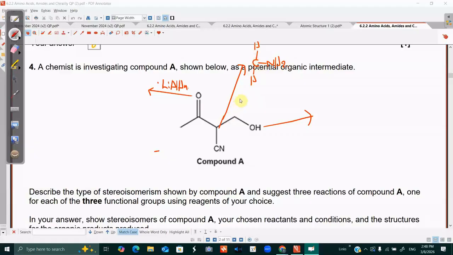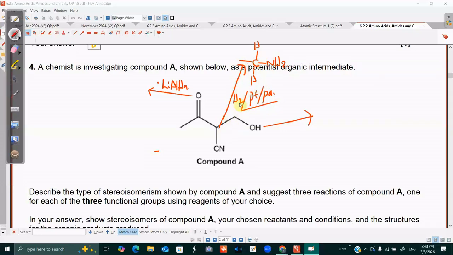What are the conditions? Hydrogen and a platinum catalyst. Very good. H2 with a platinum or palladium catalyst. What has happened here now?